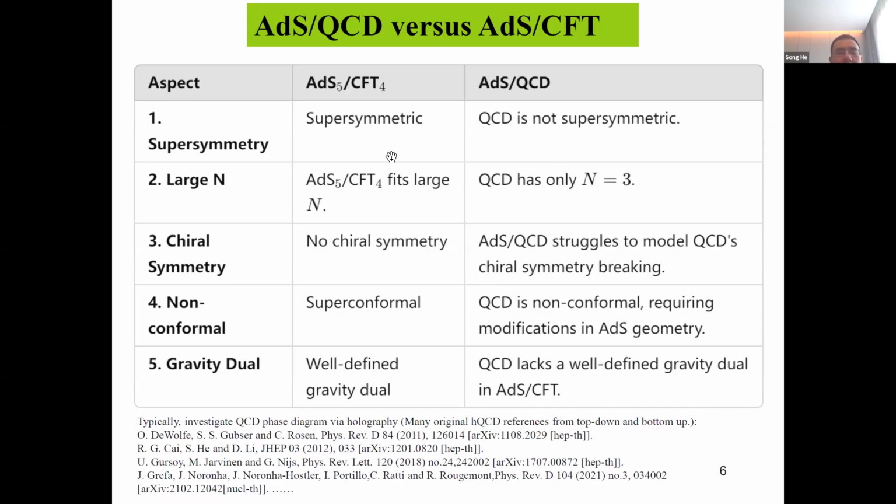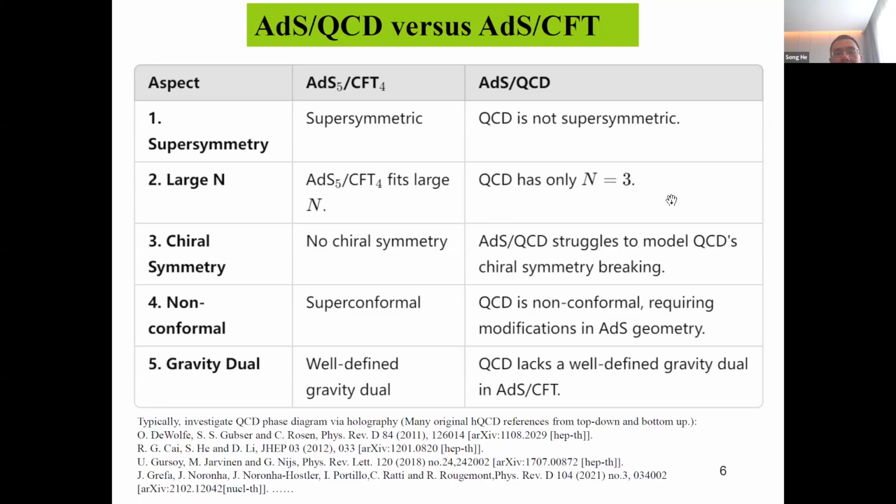Also, for the color degrees of freedom, typically in AdS/CFT, AdS5 fits well with large N, where N is associated with the color degrees of freedom.